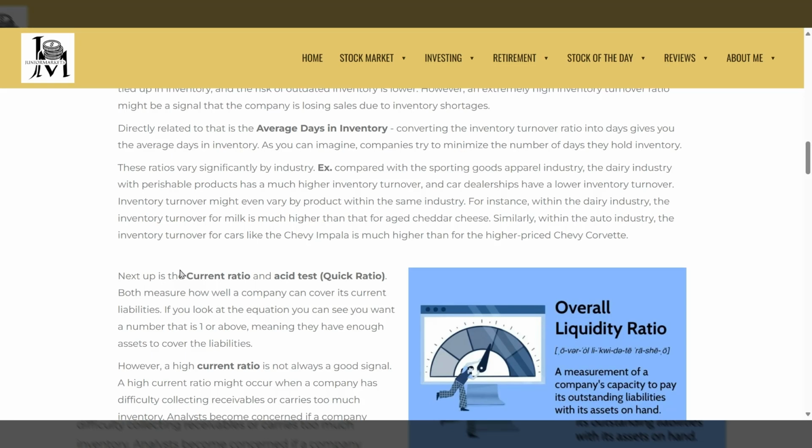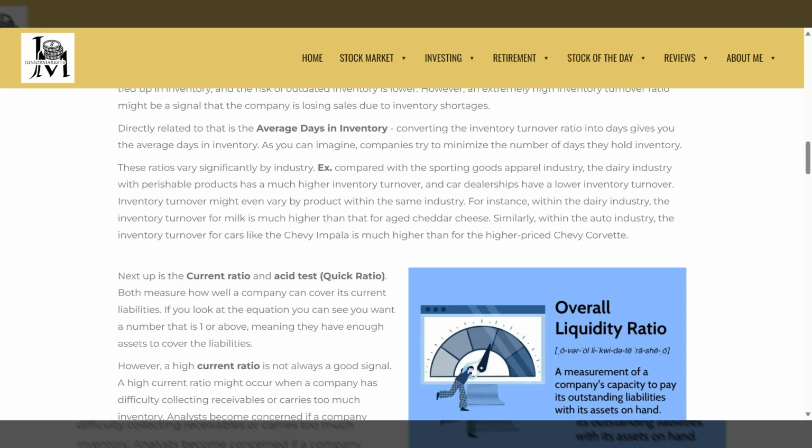And the receivables turnover ratio is used to quantify a company's effectiveness in collecting its receivables or money owed by clients. So these companies obviously can't sell everything through cash, so they have to sell some on credit. And when you sell things through credit, that means you're trusting that the other person is going to pay the company back.